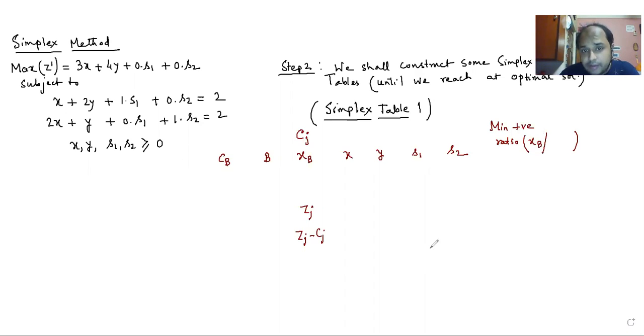First of all, let me talk about what is Cj. Cj is called the contribution of the variables x, y, s, all the variables present over here, the net contribution of these variables in the objective function. So your Cj is net contribution of all variables into the objective function.